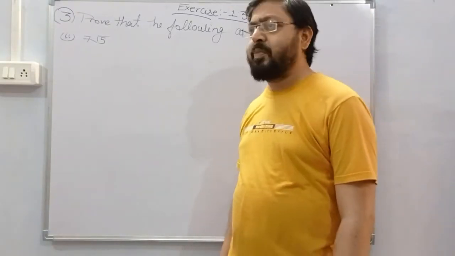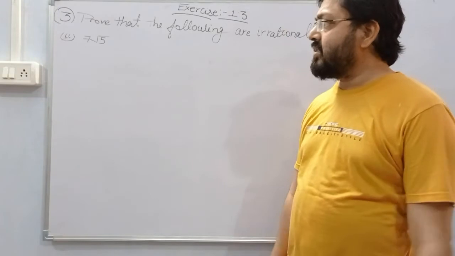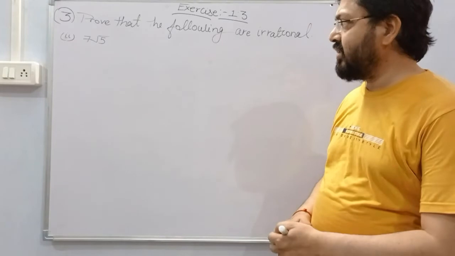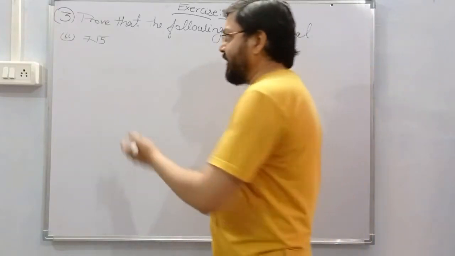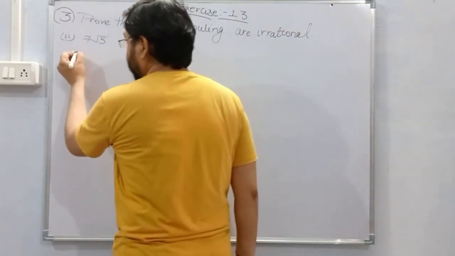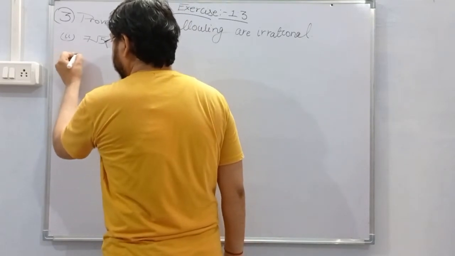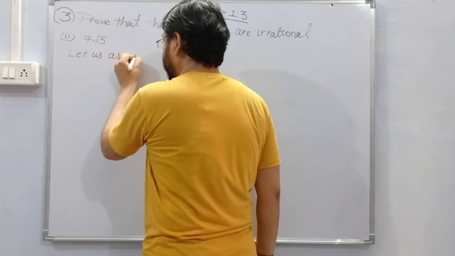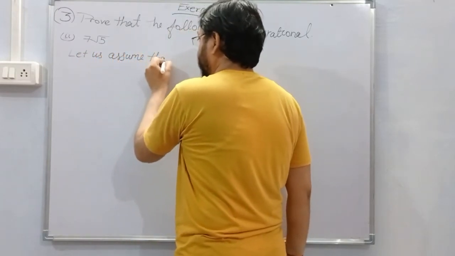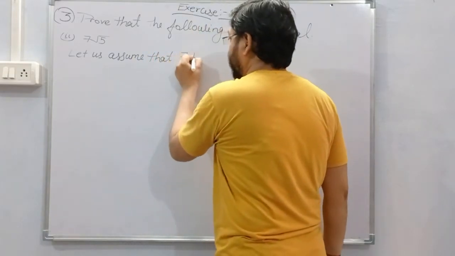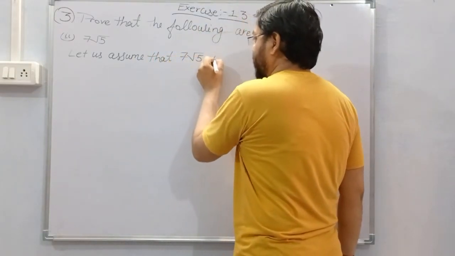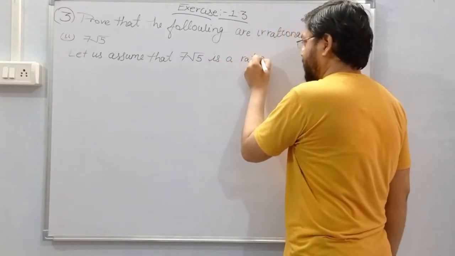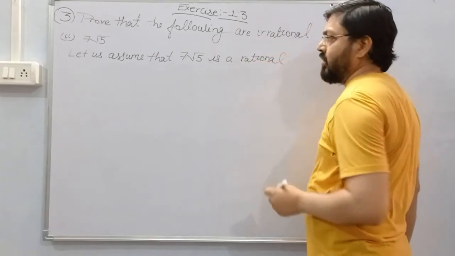Come to the second part of this question, that is 7 root 5 as irrational. I have to prove it. Again, same thing. Let us assume that 7 root 5 is rational.